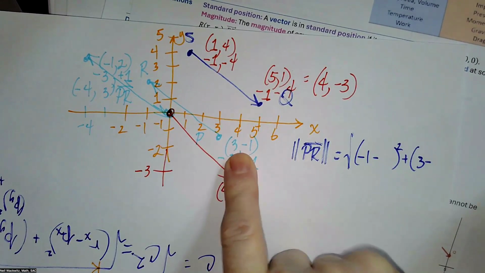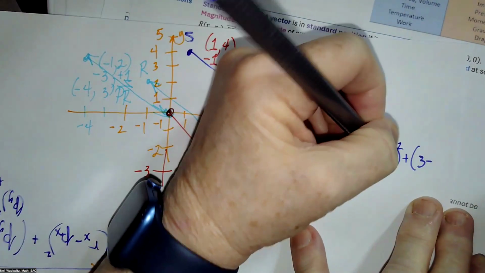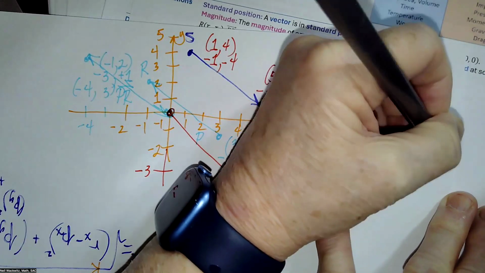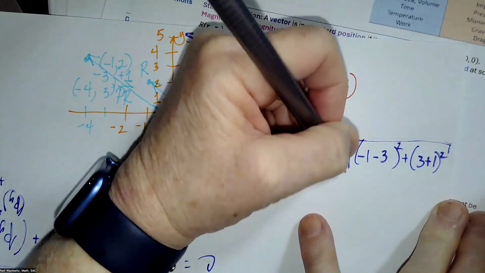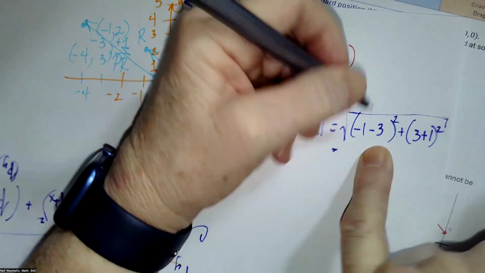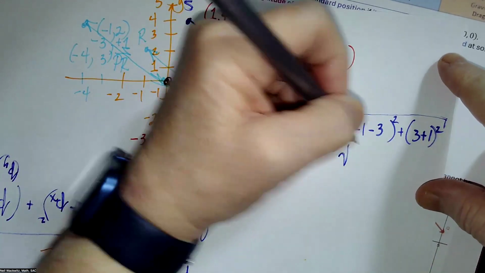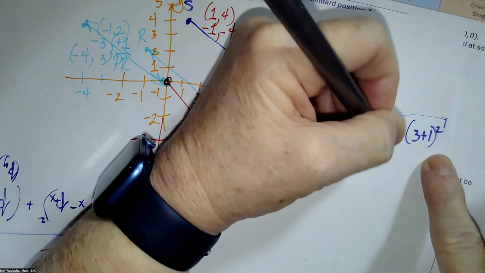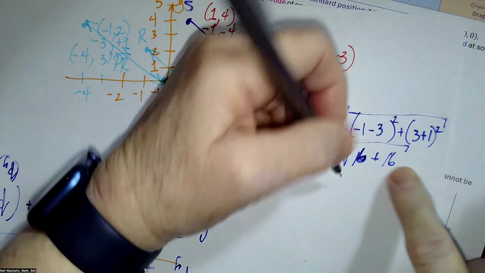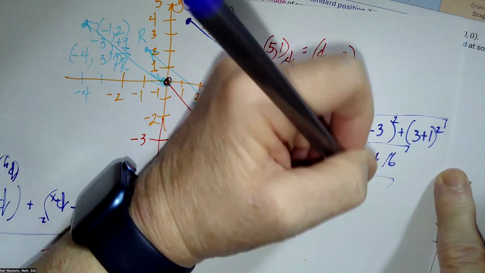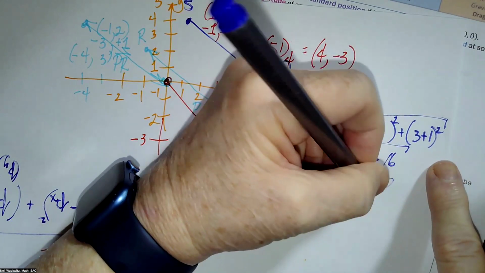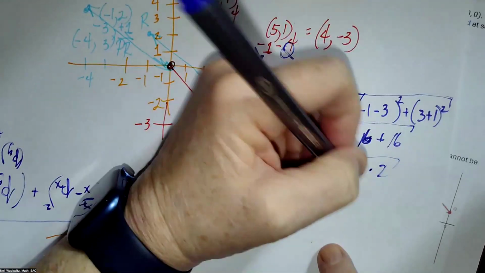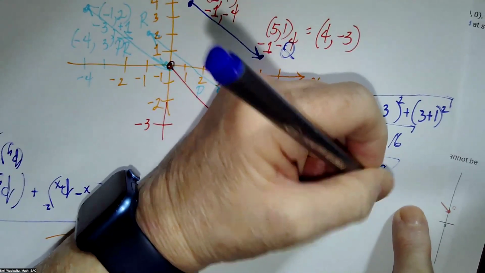P is 3, -1. So we get -4 squared, which is 16, plus 4 squared is 16. This is 16 times 2, and I can write that as 4 times the square root of 2.